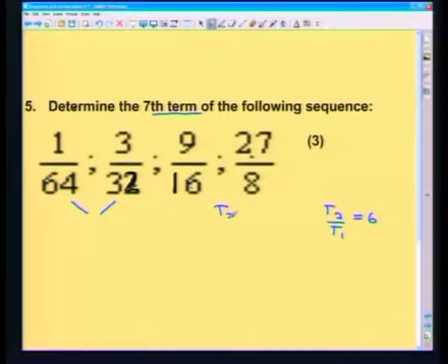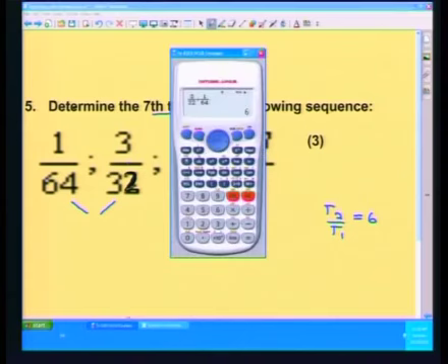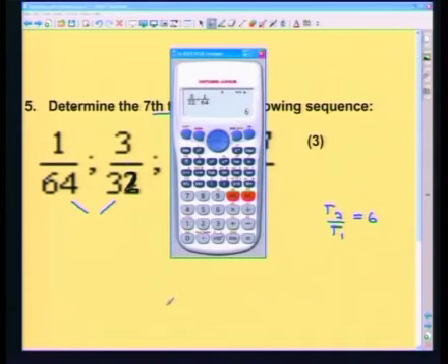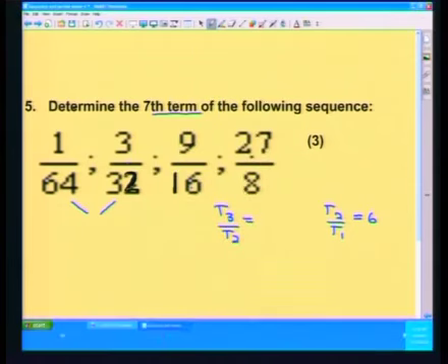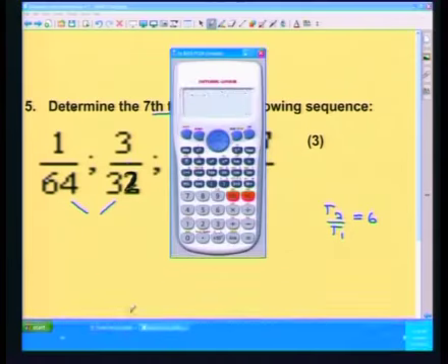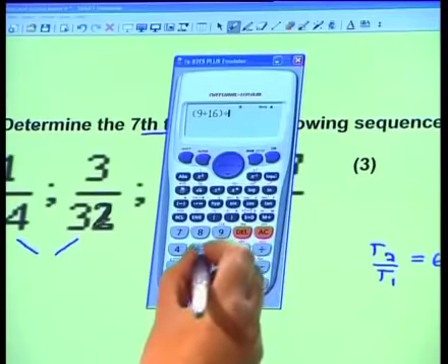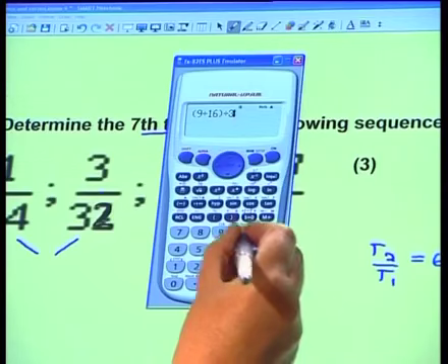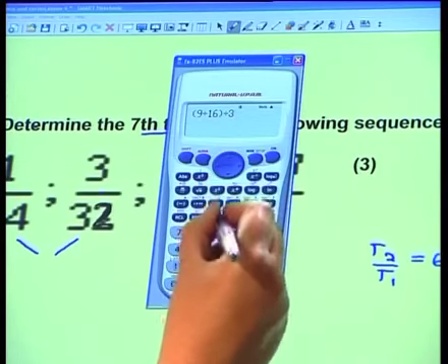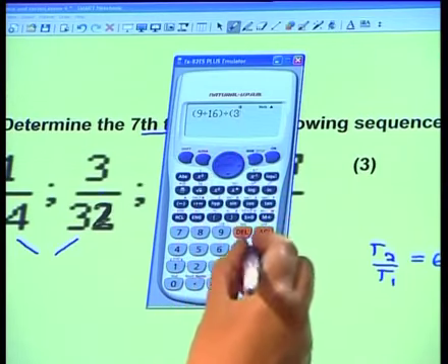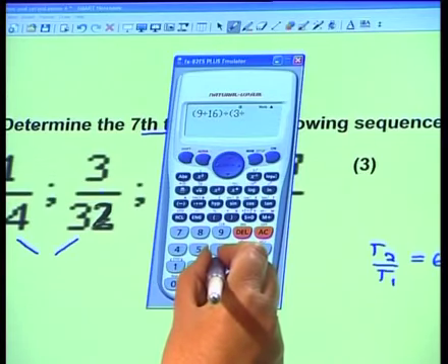Now let's check and see that term 3 divided by term 2 results in a similar kind of answer. This time I will do it without pulling up the calculator. Just remind myself it's 9/16. So it's clear, I'm just going to go brackets, 9 divided by 16, close the brackets, divide by 3 over 32.